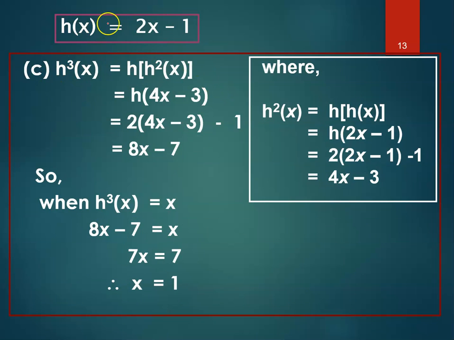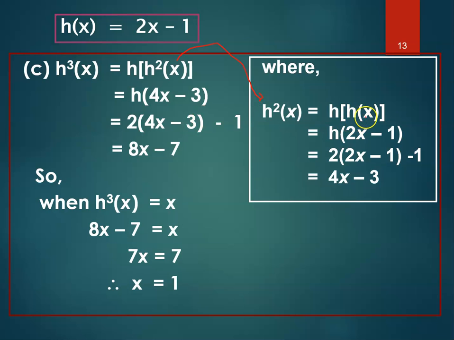Then for c, okay, so for c you have h cube x, but don't worry, for this one we can write it down in this form. You have h, again you use bracket, then you have h square x. Okay, h square x, we just factorize it, kita factorkan dia. Then you have h, just write it down again, h square x, where h square x is actually this one, you already performed it earlier.